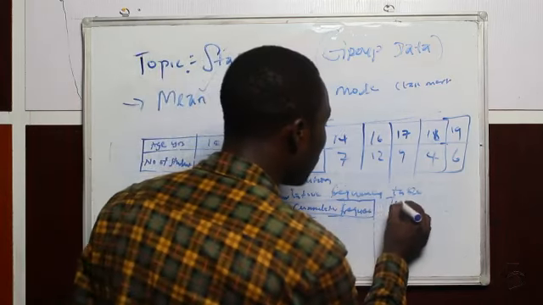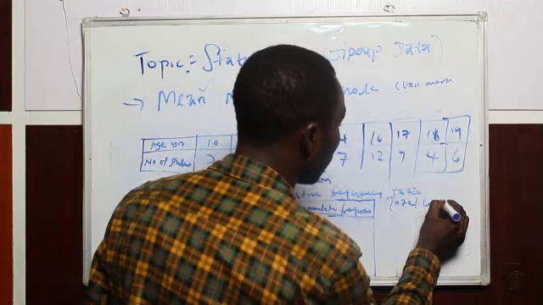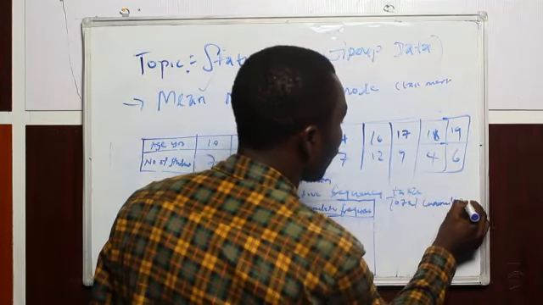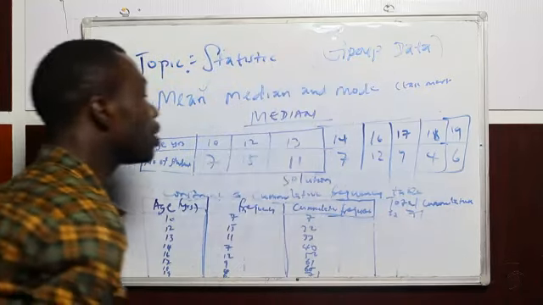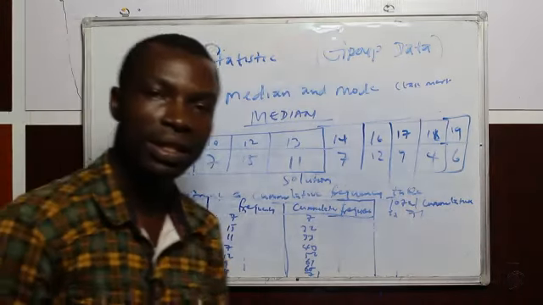Our total cumulative frequency is 71. Then how do we now find the half of this 71?